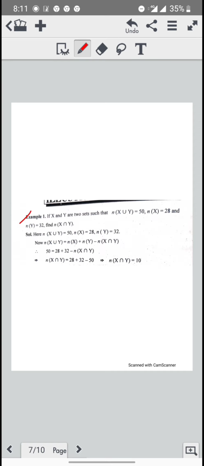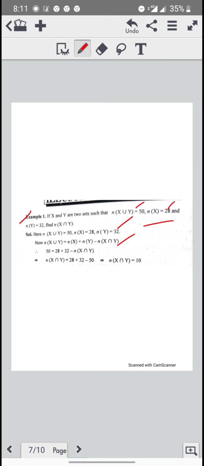Example second. If x and y are two sets such that n(x union y) is equal to 50, n(x) is equal to 28, and n(y) is equal to 32. Find n(x intersection y). Here n(x union y) is equal to 50, n(x) is equal to 28, n(y) is equal to 32.